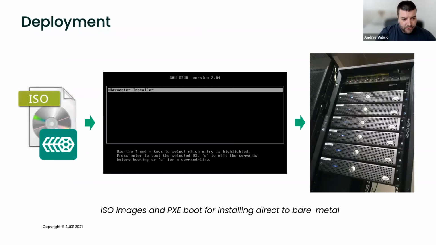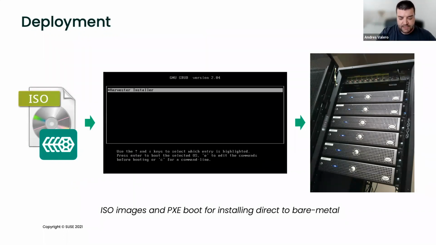When it comes to deployment, it's super easy. We use an ISO or we can use PXE. So basically, you start with one node, you deploy an ISO, and you say, okay, this is my first node, I want to create a new Harvester cluster.